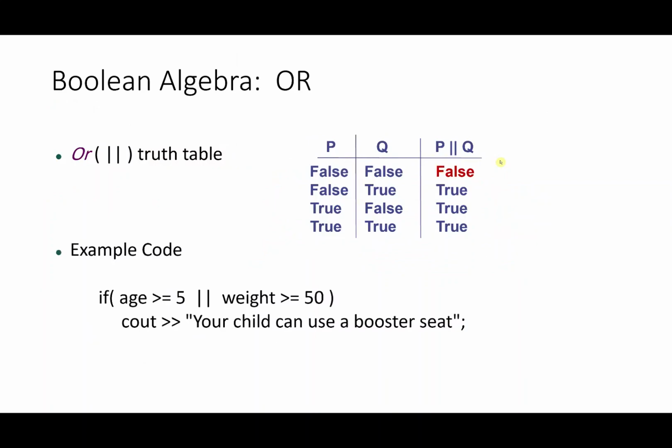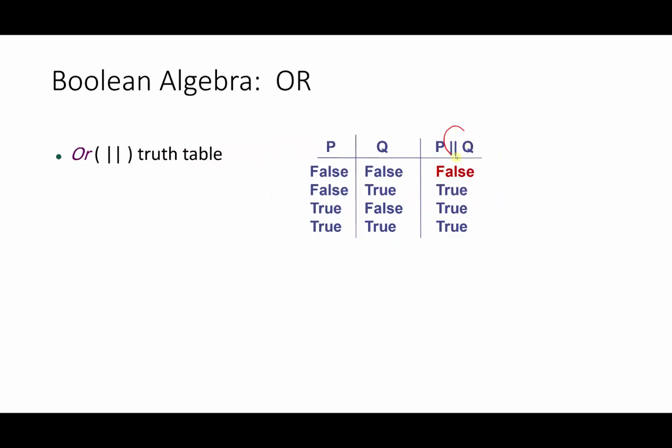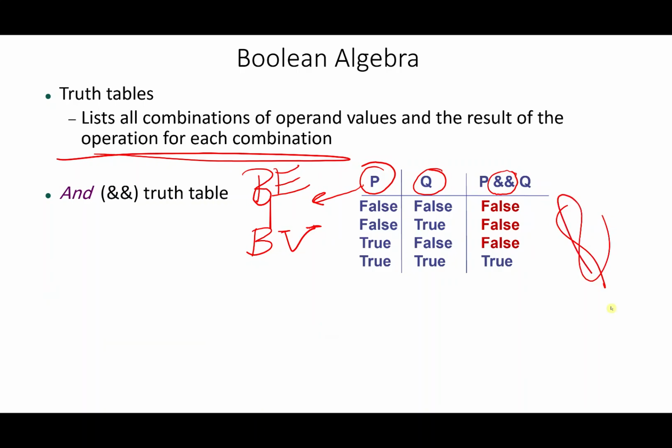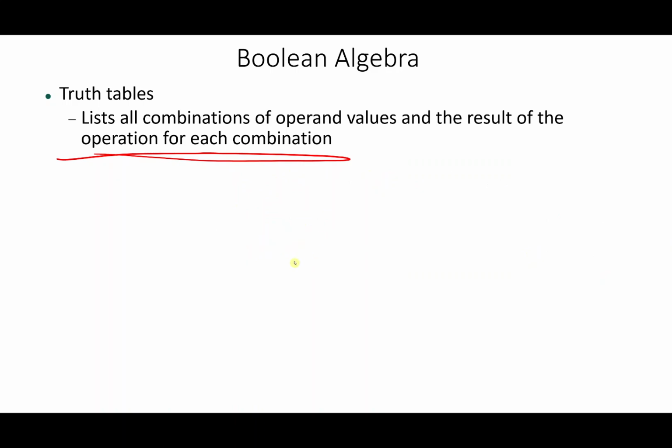Now, one of these two, like one pipe, and this is not one pipe. This is one pipe, and this is or using one of the ampersands. So we said all these things. What does this mean?